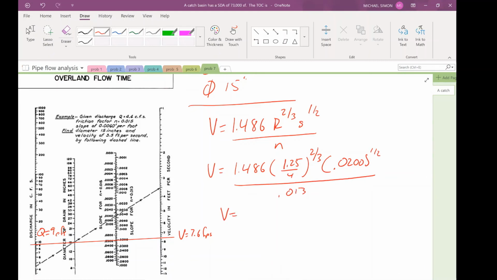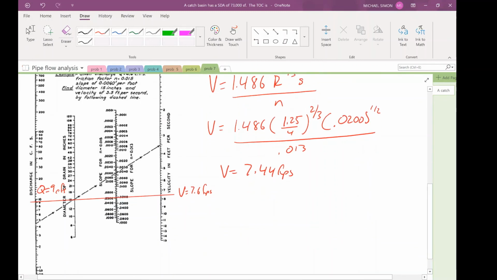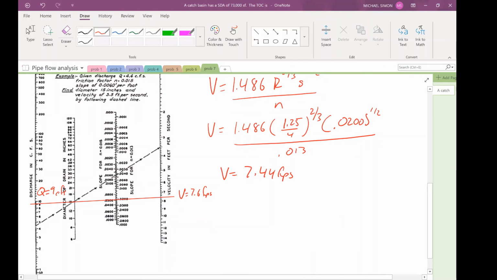It gives us a velocity of 7.44 feet per second. So again, pretty close to what the nomograph is showing. We also want to find out what Q would be.